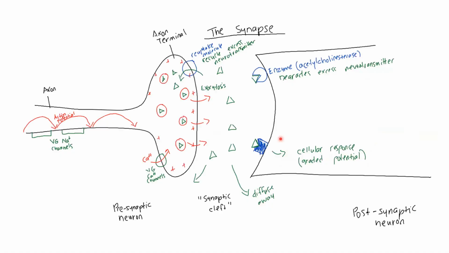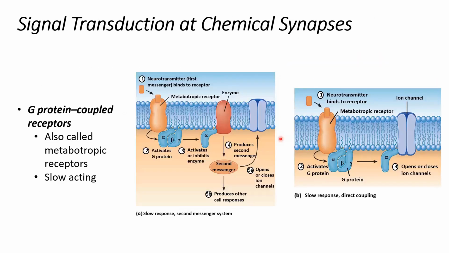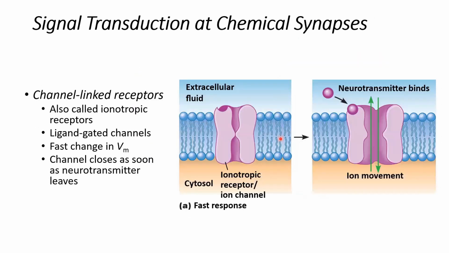Now let's kind of remind ourselves of the fast versus slow response. So the fast response is the ionotropic receptor, where the receptor is also a channel. So when that neurotransmitter crosses the cleft and binds to this receptor, because it is also a channel, it's going to open up. And usually this is going to result in the movement of sodium and potassium.